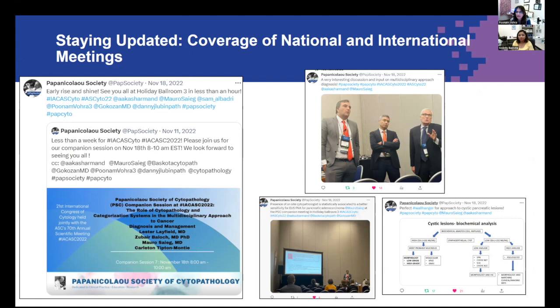And the other example here is a very interesting discussion and input on multidisciplinary approach on diagnosis of an entity. Then the right side image is showing how to deal with cystic lesions of pancreas. And it's a beautiful diagram to show how to triage these specimens.